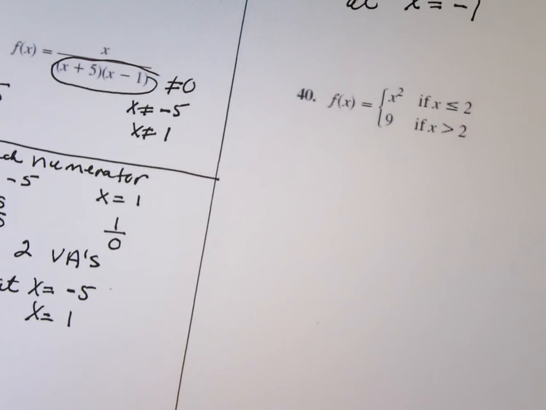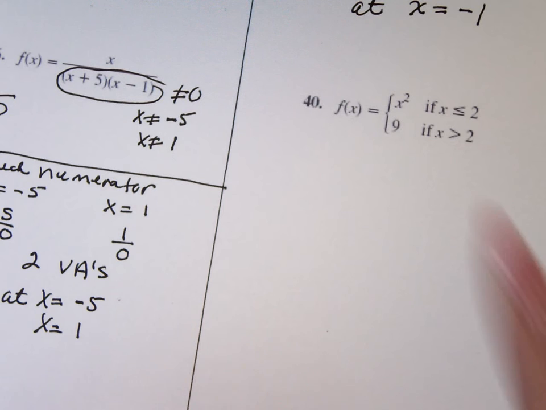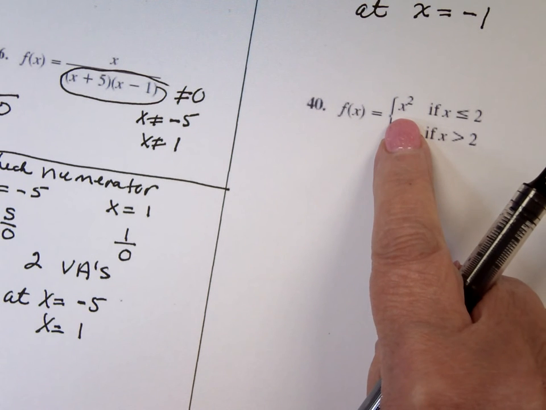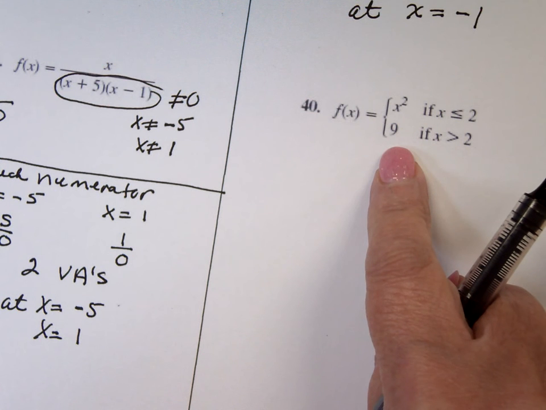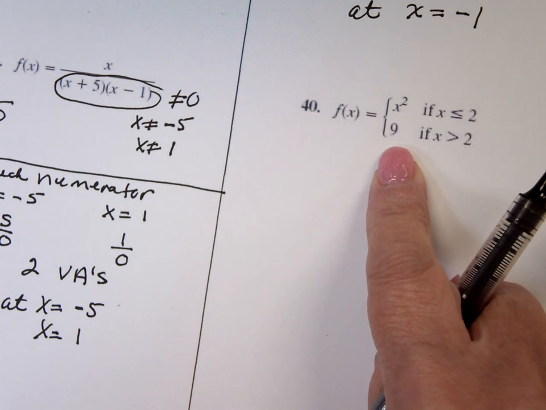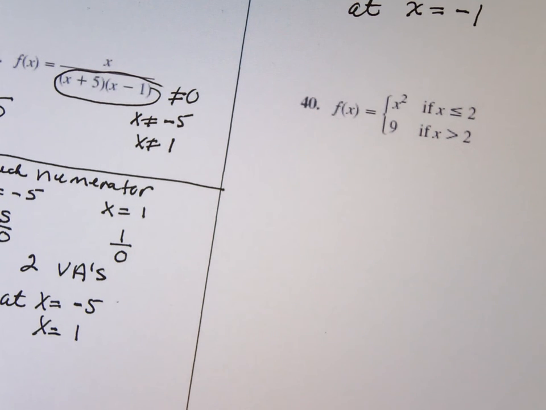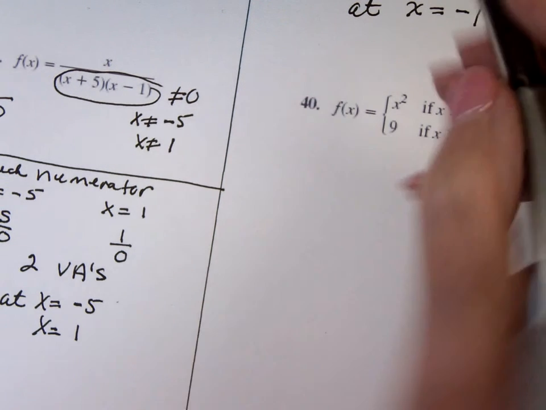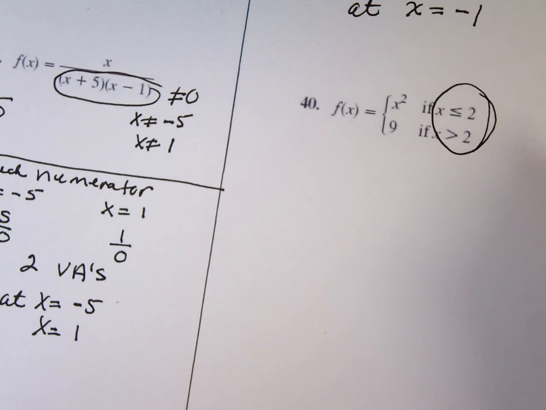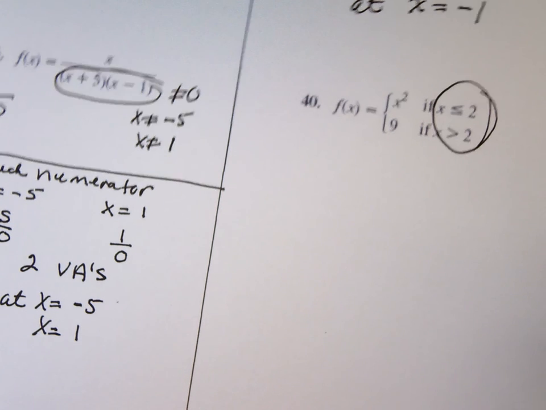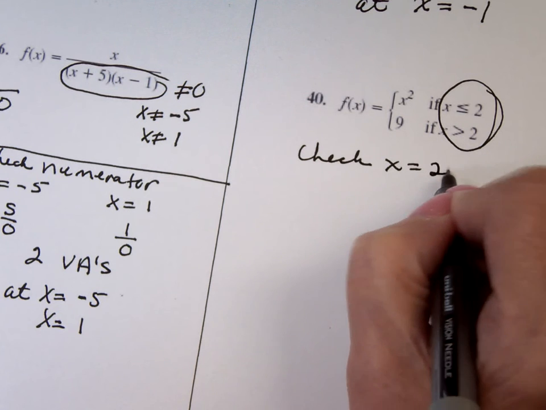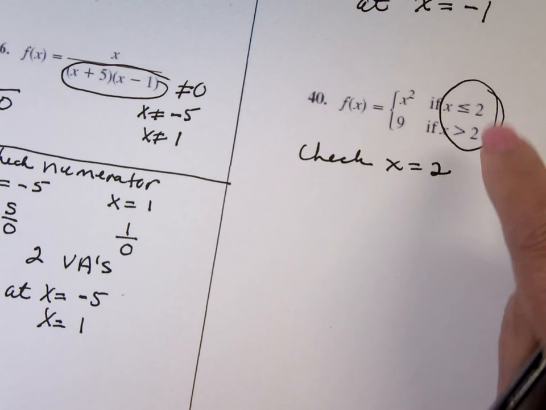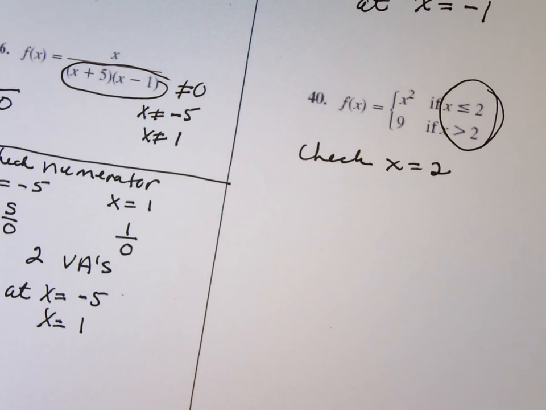Now when I take a look at something like this, does x squared have a problem? No. Does 9 have a problem? No. They're both continuous functions. Where's the discontinuity if it occurs? At 2. So I need to check x equal 2. So I know that it either connects or it doesn't connect.